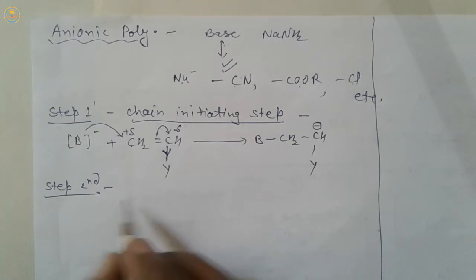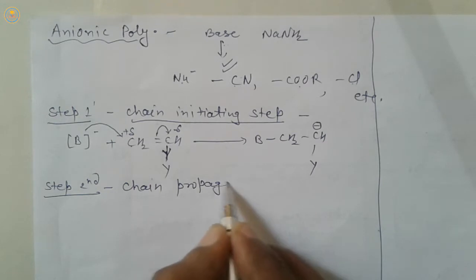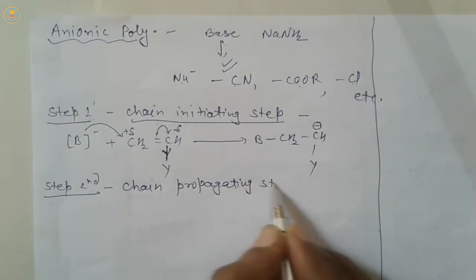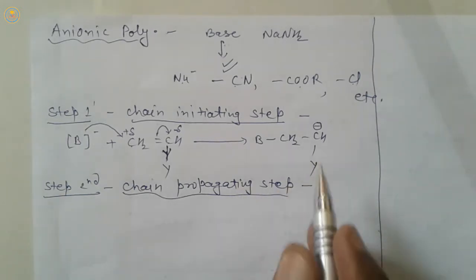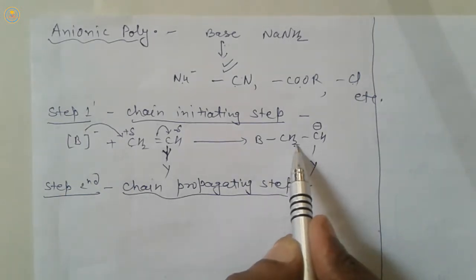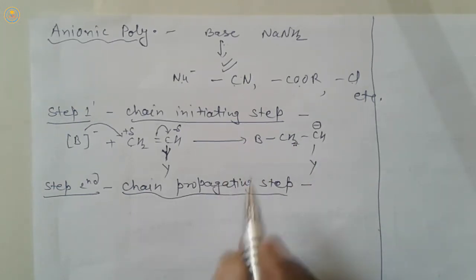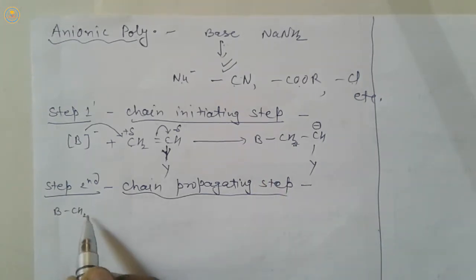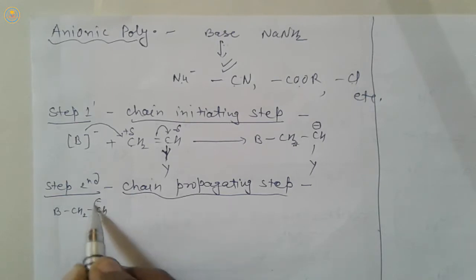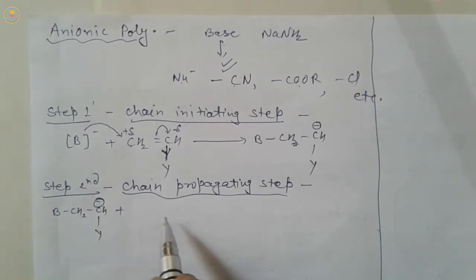Chain propagating step. In this step, the carbanion formed in the first step adds to another monomer unit and forms a new carbanion chain like this. The carbanion formed in the first step reacts with another monomer unit.